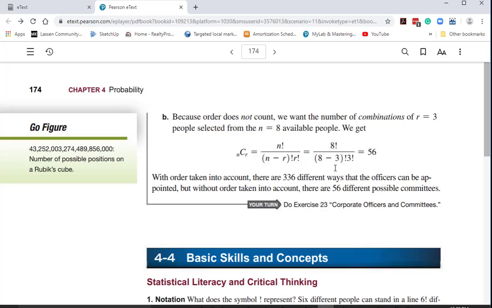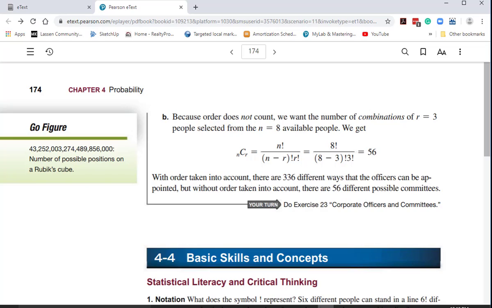What is it? 8 times 7 times 6 times 5 times 4, times 3 times 2 times 1.